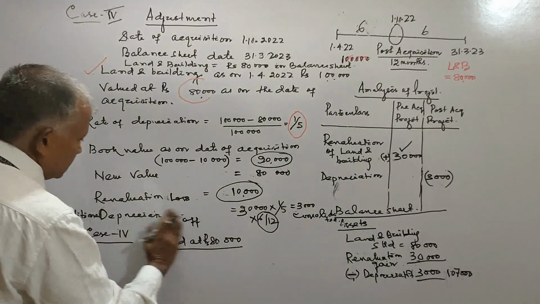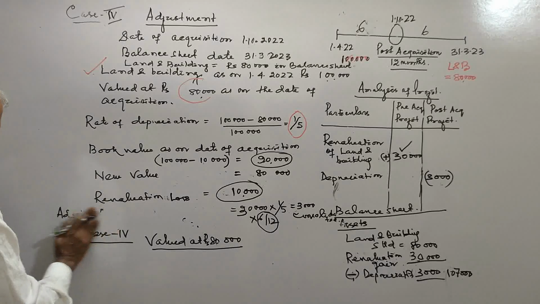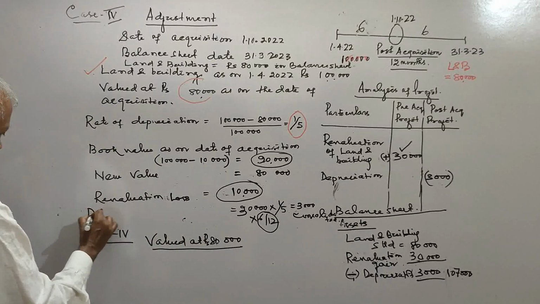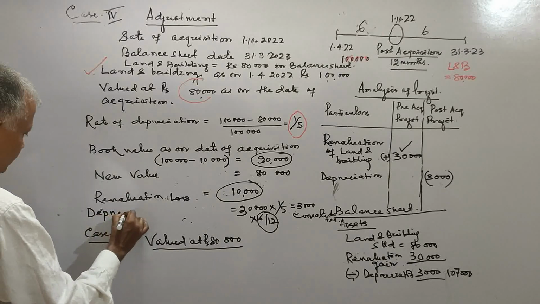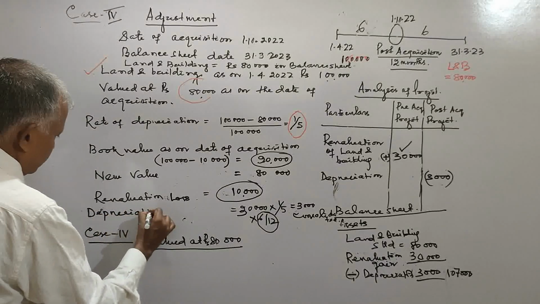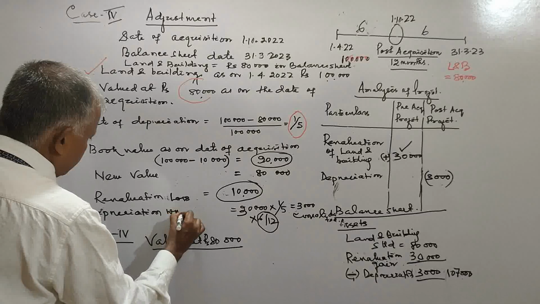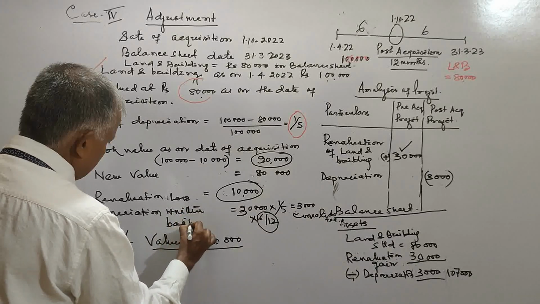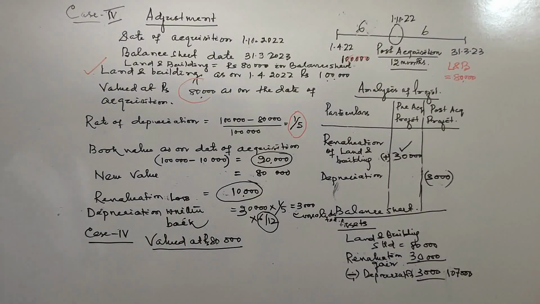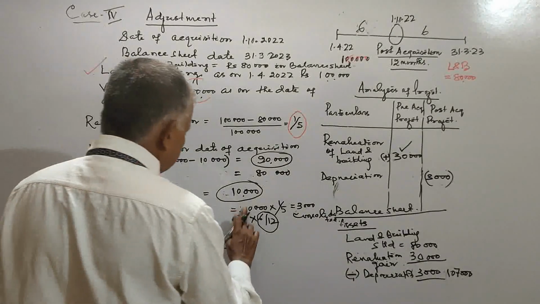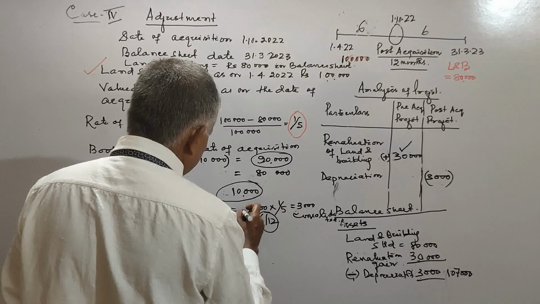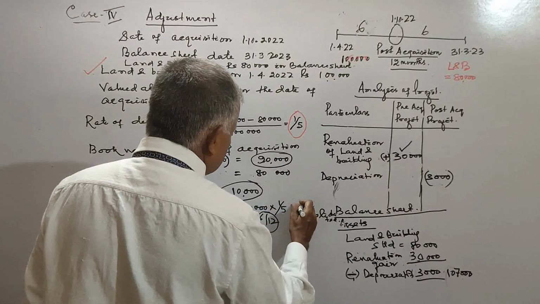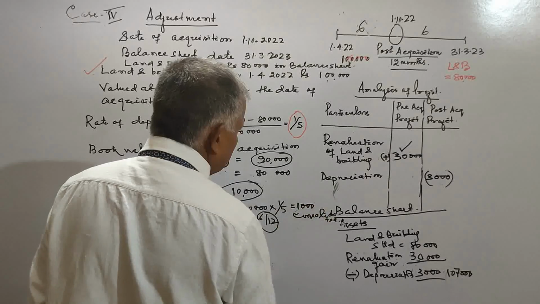Since there is a revaluation loss, depreciation is written back, 1,000, and this 1,000 will be here.